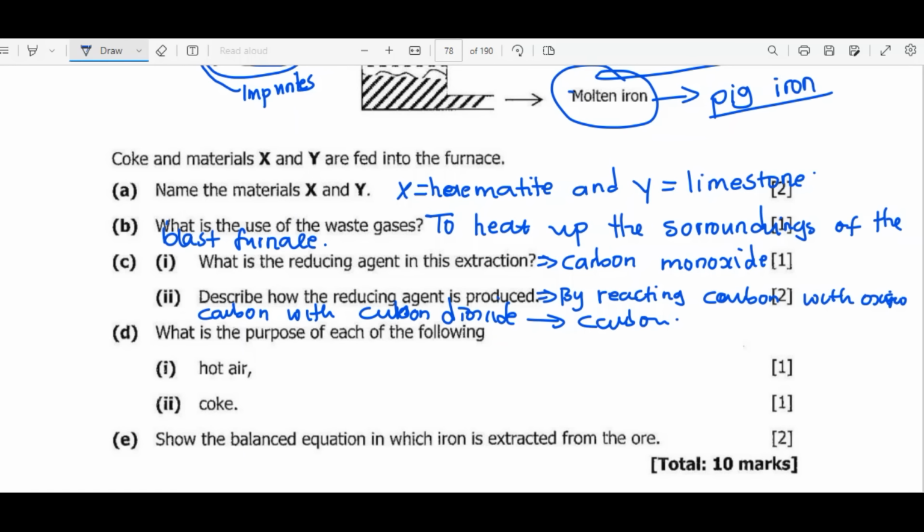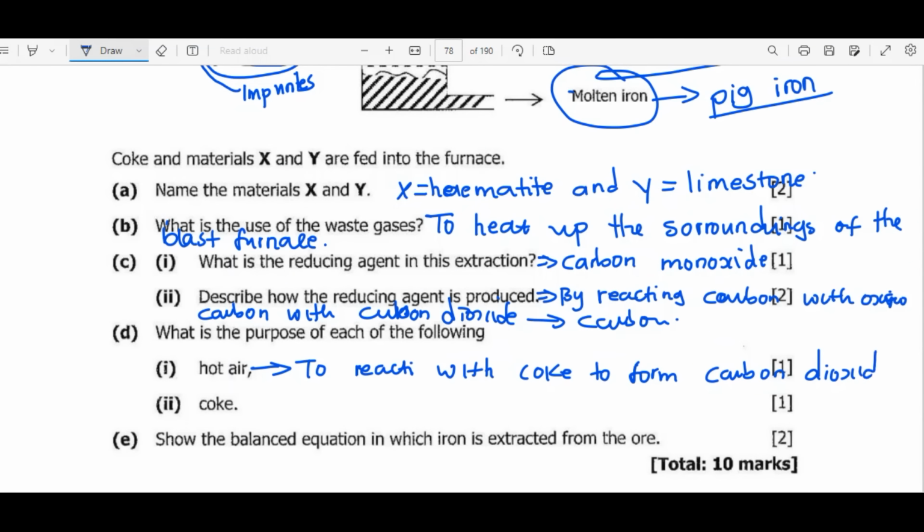Then what is the purpose of each of the following? So hot air: to react with the coke or carbon to form carbon dioxide.